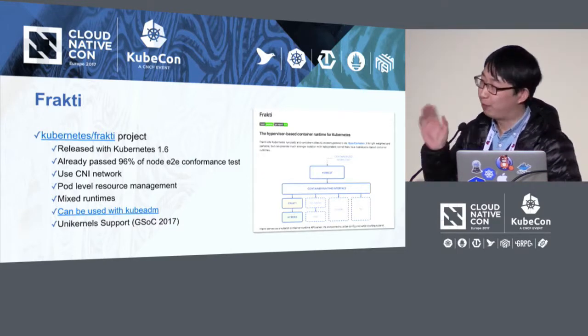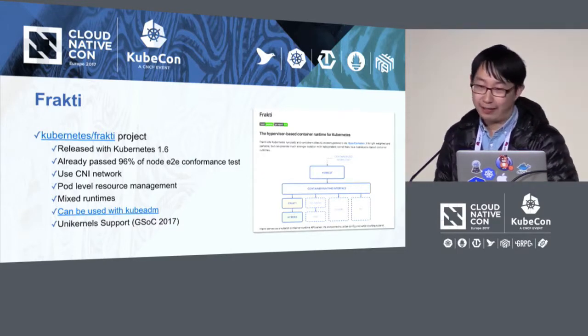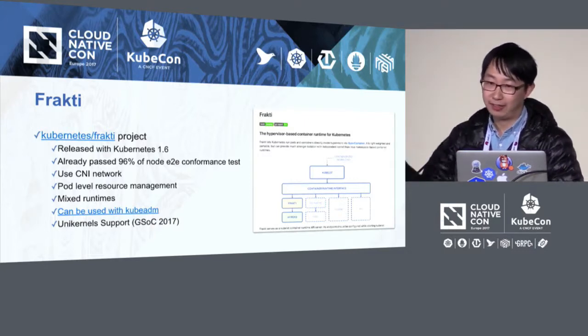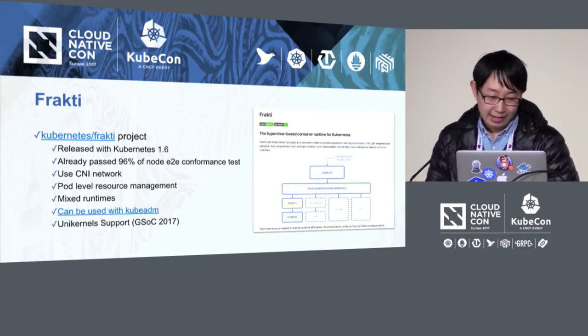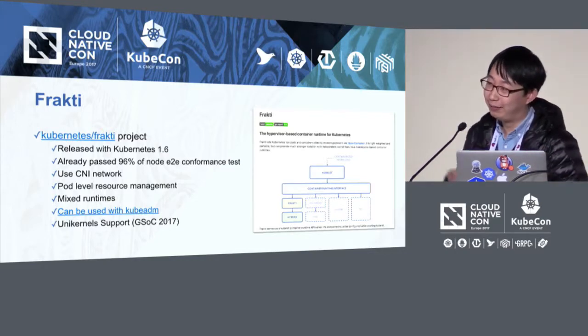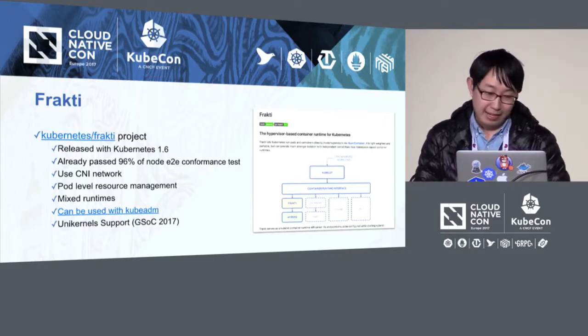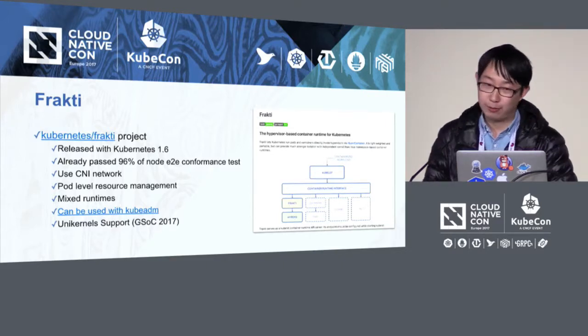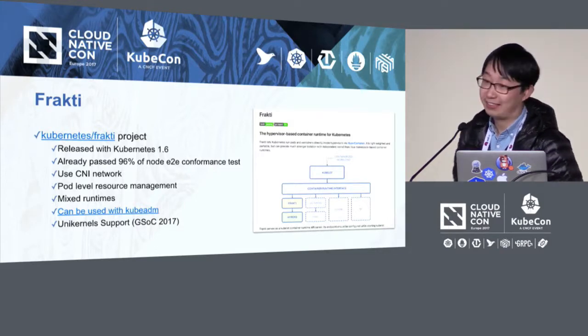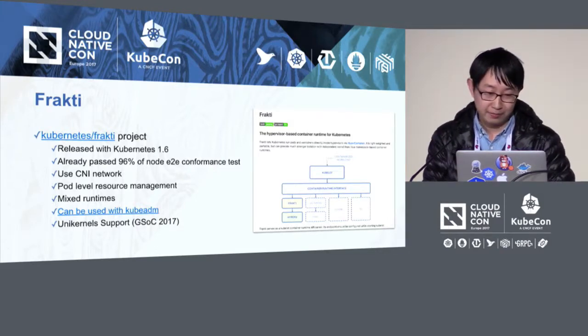And we also support pod level resource management, and we also support mixed runtimes on the same node. So you can run HyperContainer and Docker on the same node freely. And of course, we can deploy Frakti with Kubernetes by using kubeadm. And in the future, we also have unikernel support, which is now an official topic for Google Summer of Code this year. So please stay tuned.